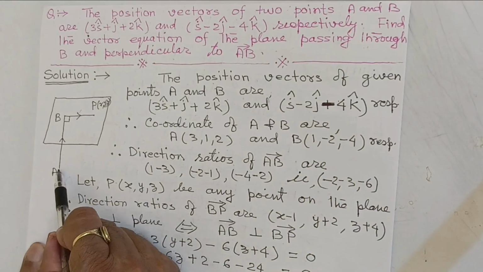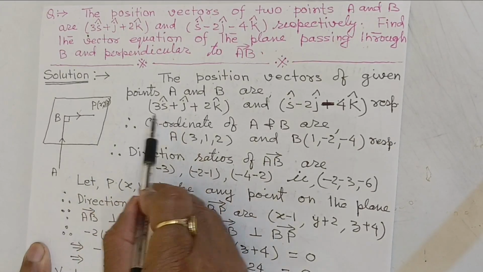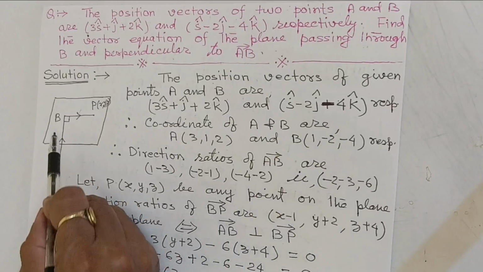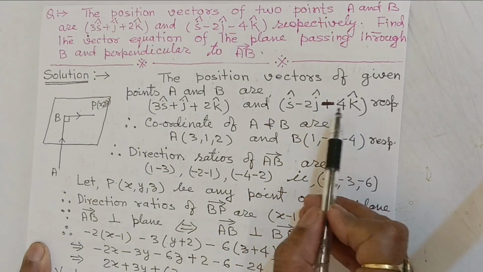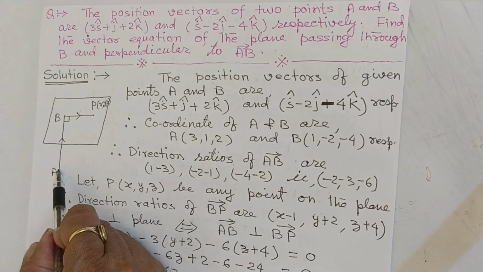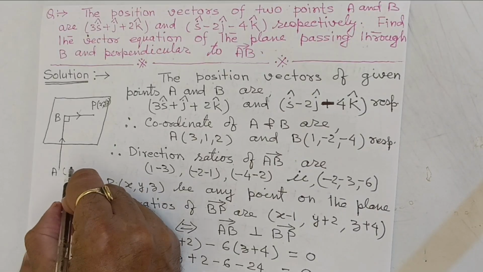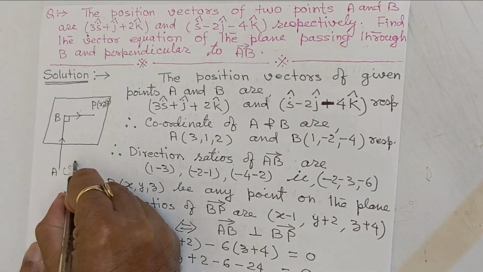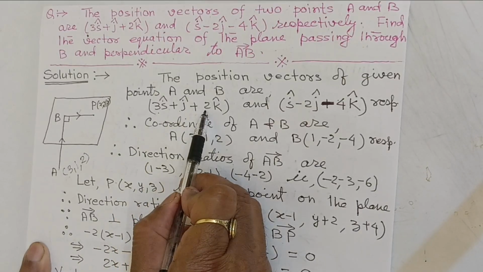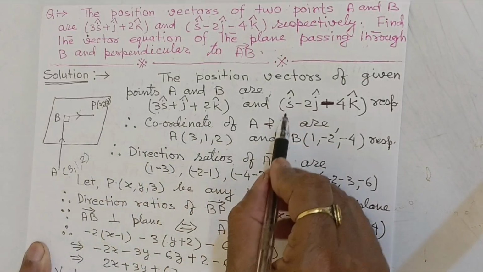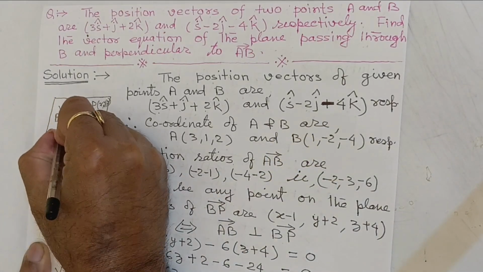Therefore, the coordinates of A are (3, 1, 2) and the coordinates of B are (1, -2, -4).